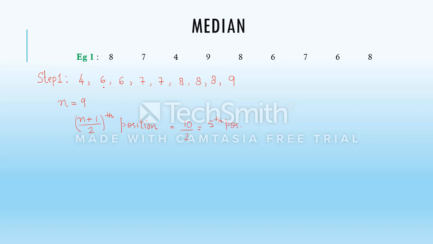And remember, this has to be done from the arranged data. So if we go by the arranged data, 1, 2, 3, 4 and 5, we arrive at the value 7. So that brings us to our simple answer. The median for this data set is equal to 7.